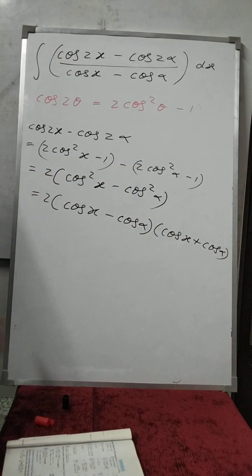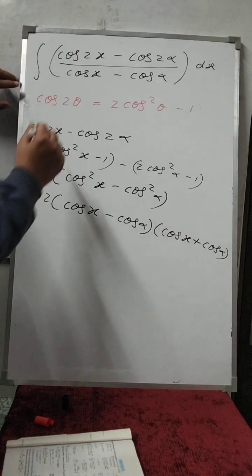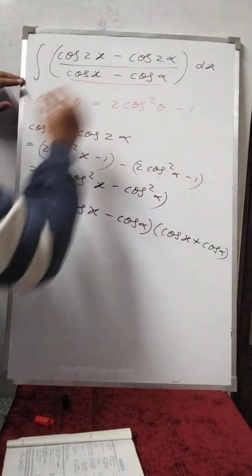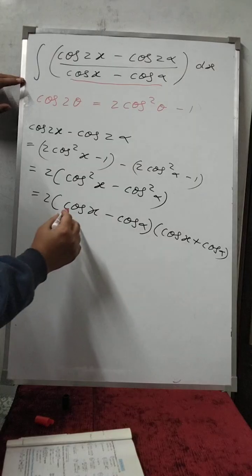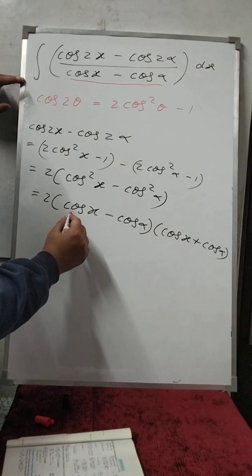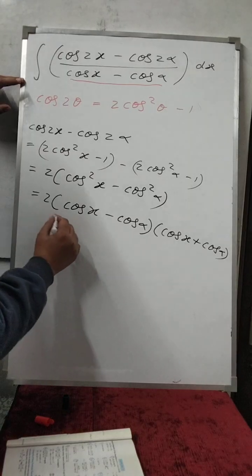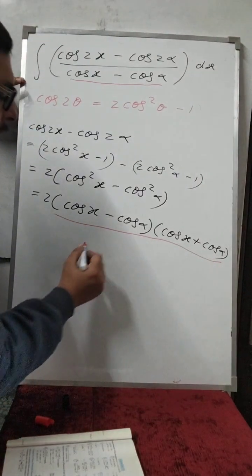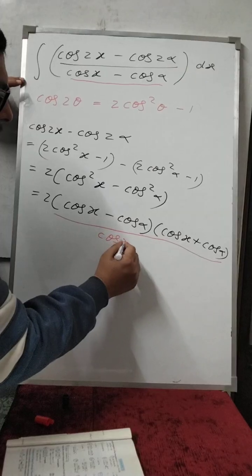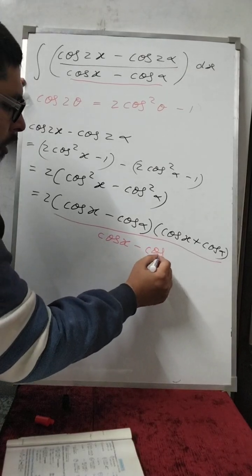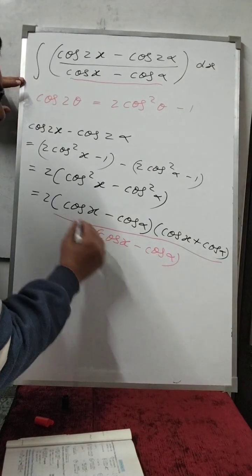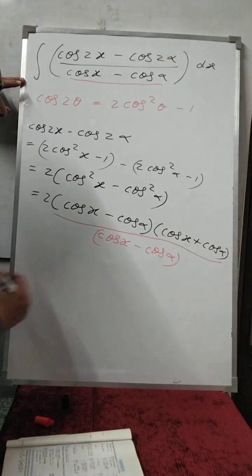Okay. So now what? In the denominator I have cos x minus cos alpha, and in the numerator also I am getting this term cos x minus cos alpha. So if I divide this numerator with cos x minus cos alpha, this term will get cancelled with this term.